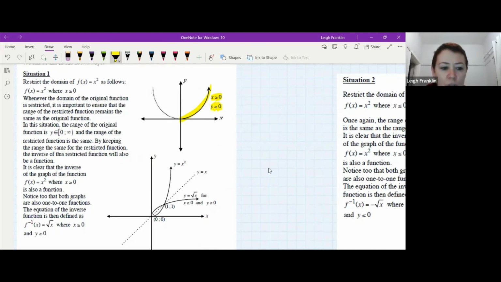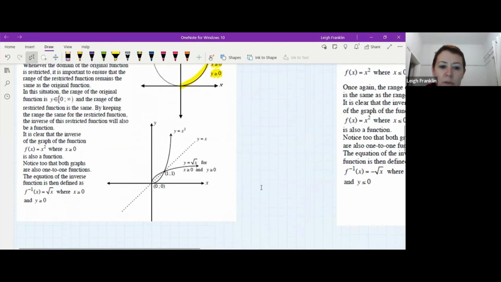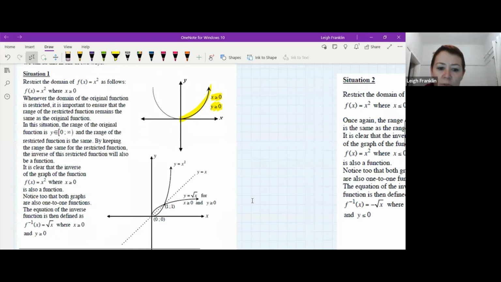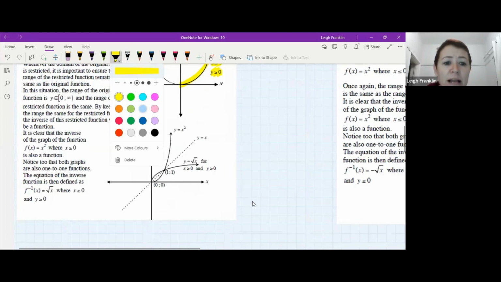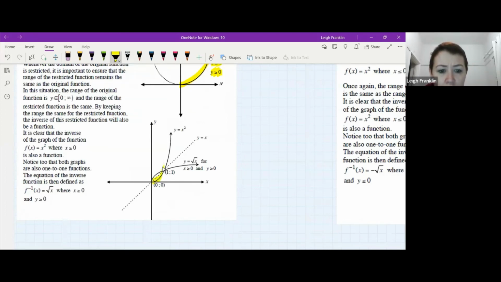Now what we want to do is reflect that line over the line Y equals X, right? So when it gets reflected over the line Y equals X, it ends up looking like this. Okay, so here's the original in yellow. That's our original. And here is our reflection in turquoise.